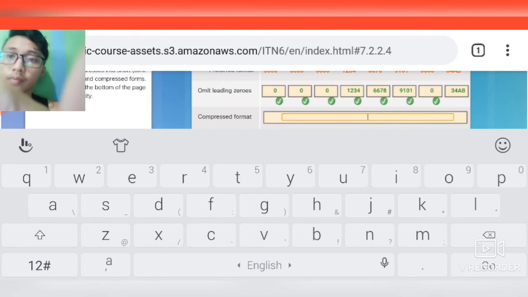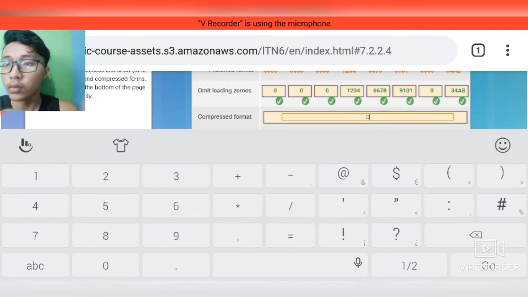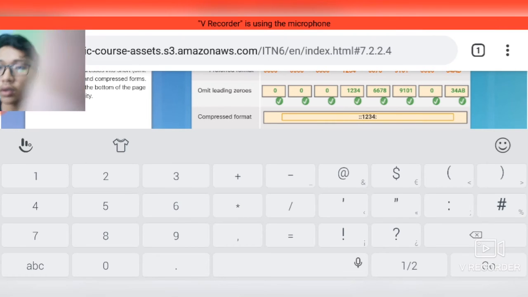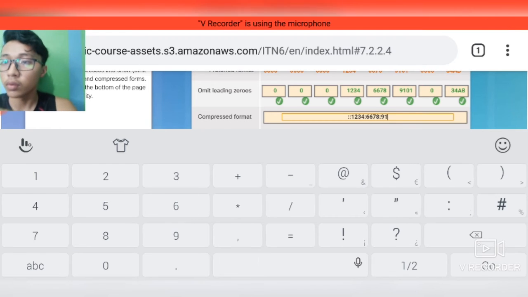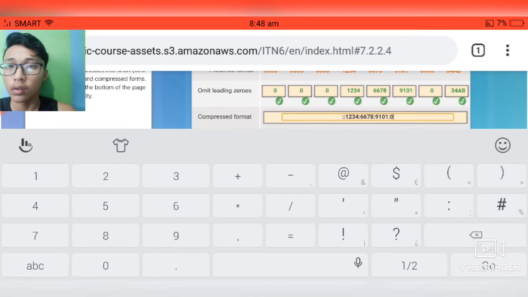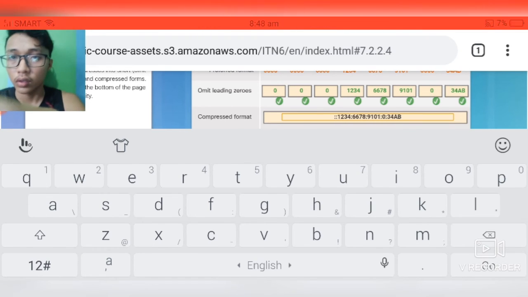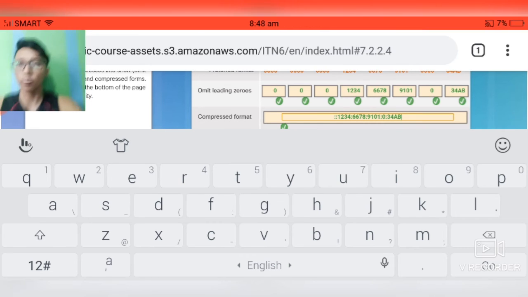So we have here 1 2 3 4. Let me try this. I am not sure with my answer here at figure number 10. So 9101 0 and 3 4 EB. I'm correct.